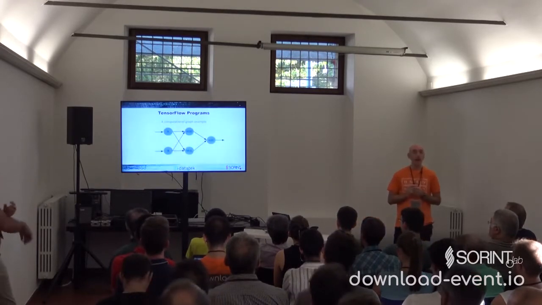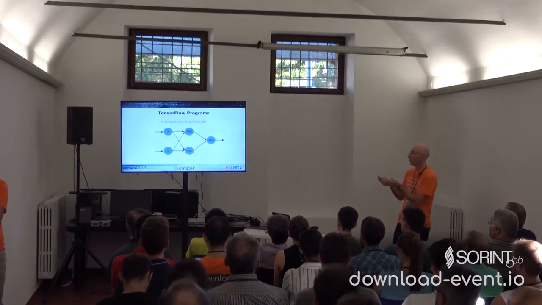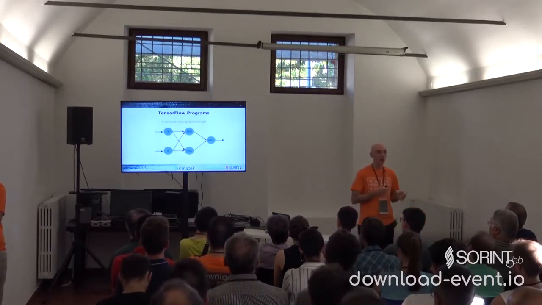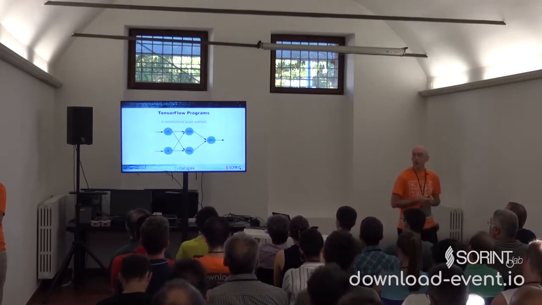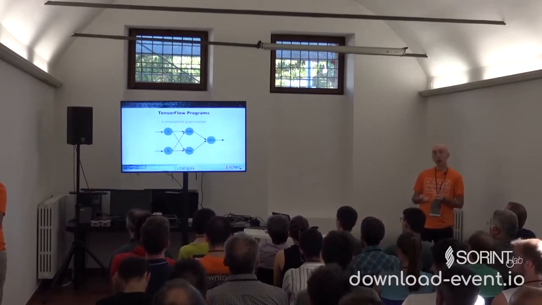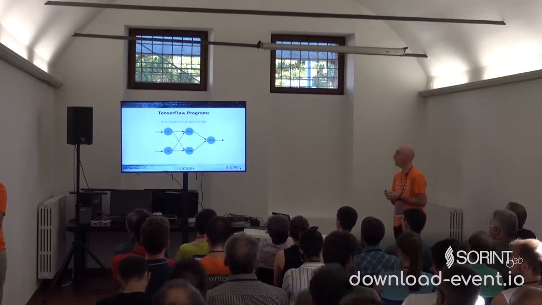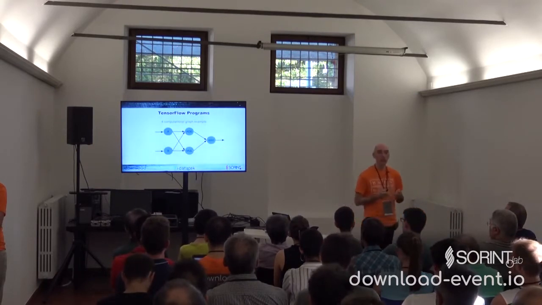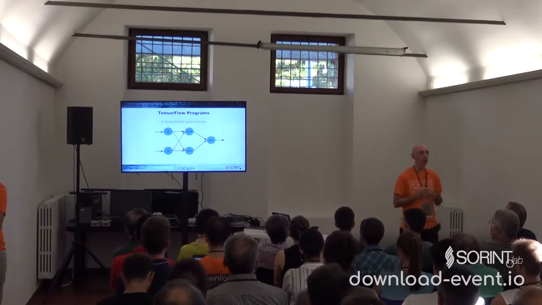Let's see what a computational graph is. Obviously, this is a graph. A graph is a set of nodes connected by arrows. Each node is an operation. It can be a mathematical operation, or some sort of transformation of your input data.